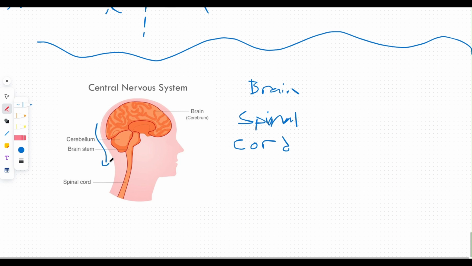So like your brainstem, it's used for heartbeat, breathing, more vital functions, right? Obviously, your hypothalamus over here also does some things, but the brainstem does quite a bit. And then your cerebellum.